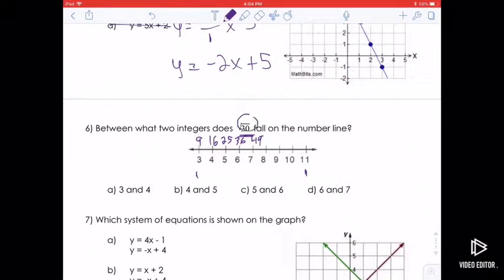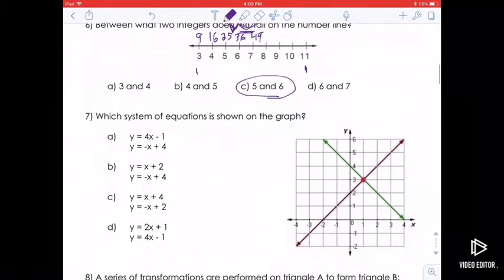So if I'm looking for the square root of 30, my number line has my perfect squares, so 30 falls between 25 and 36, so between the integers 5 and 6 there.